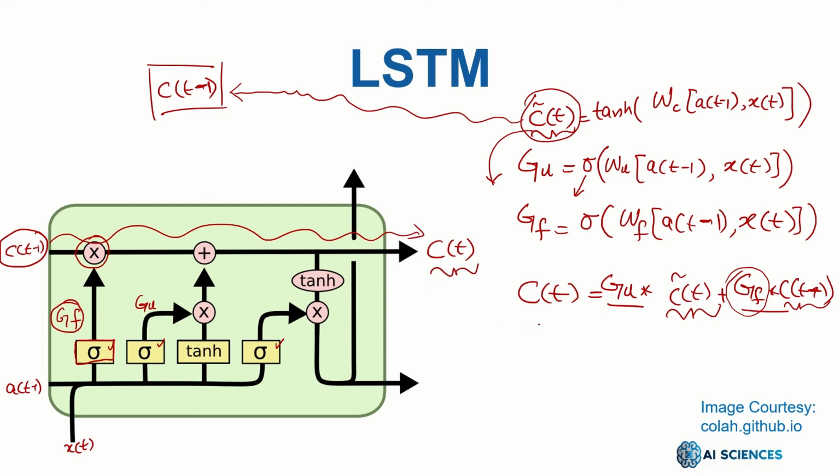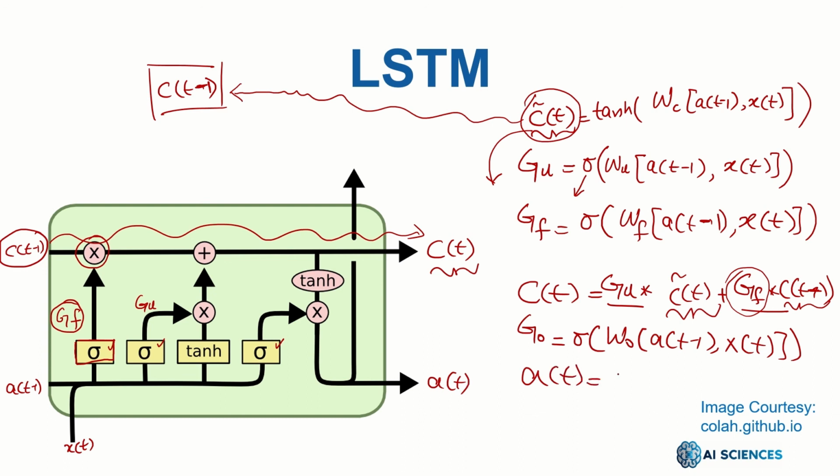And last, how this read gate or output gate works. There is an output gate, let me call it G o, which has its own parameters, and it depends upon, again, the previous activations and the current input. The biases are assumed to be handled there, and these activations a t are computed just to decide if we want to read those or not.